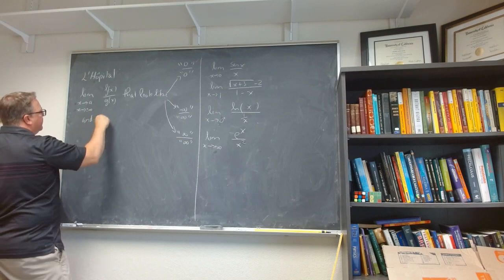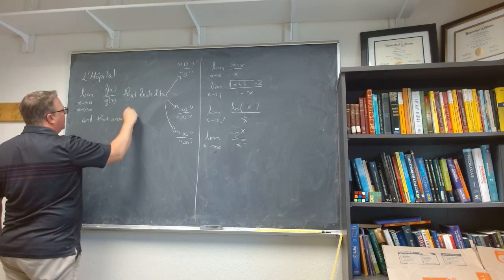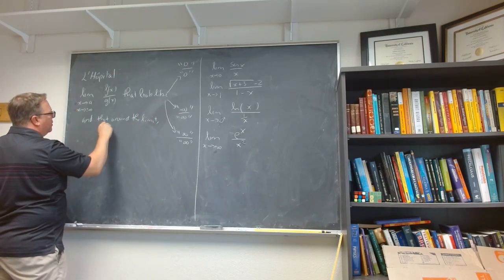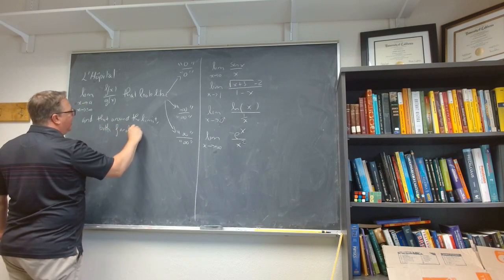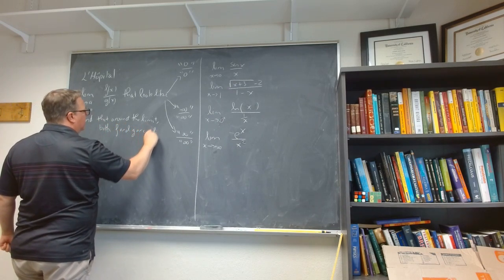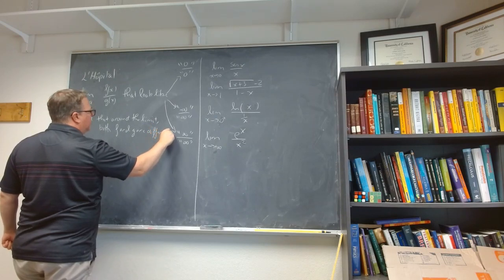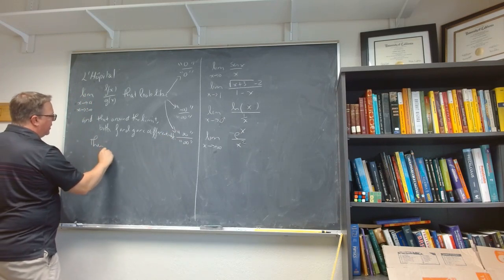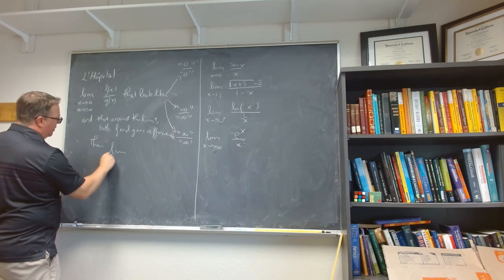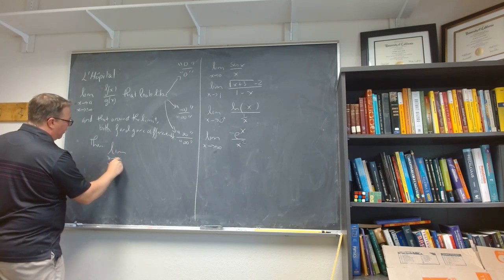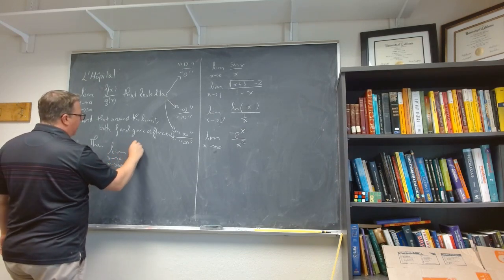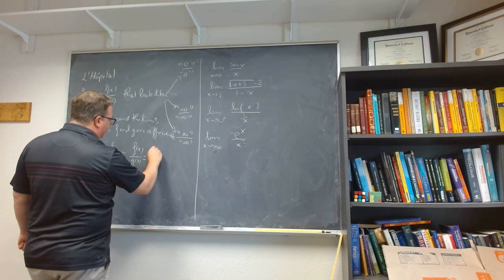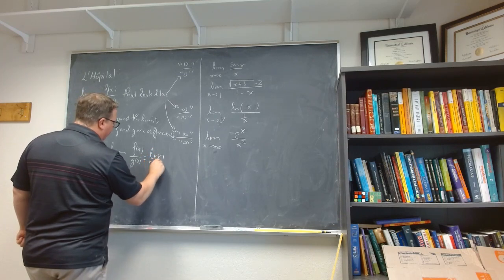And that around the limit, both f and g are differentiable. Then you can find the limit either as you approach a or as you approach infinity of f of x over g of x by instead looking at the limit of the ratios of the derivatives.